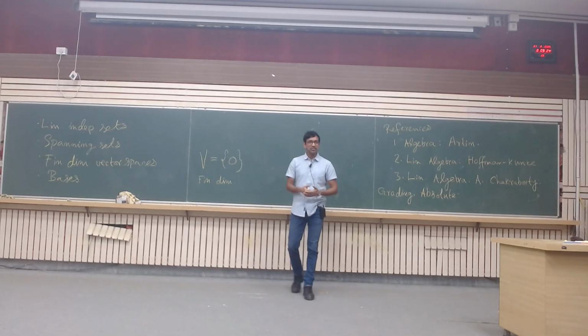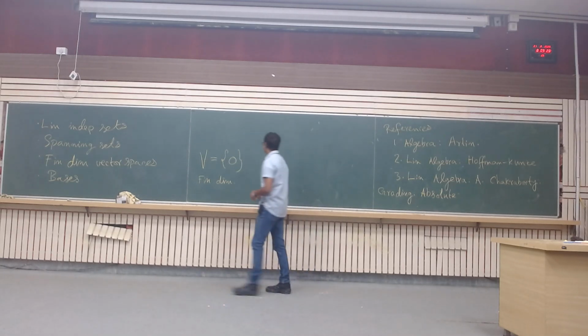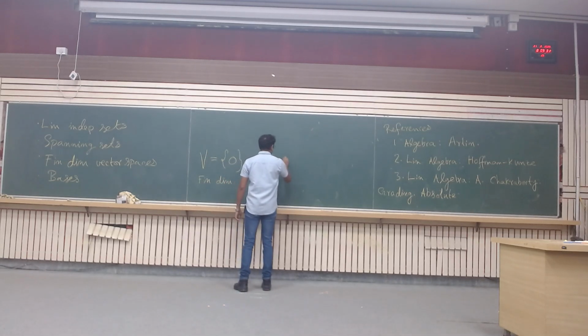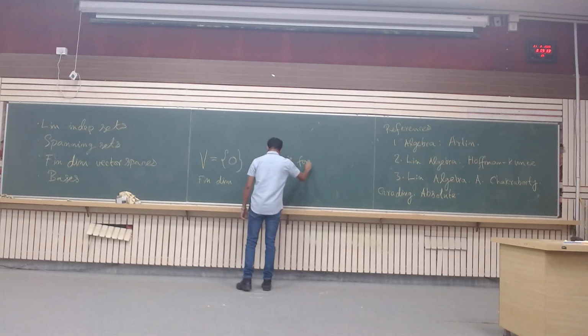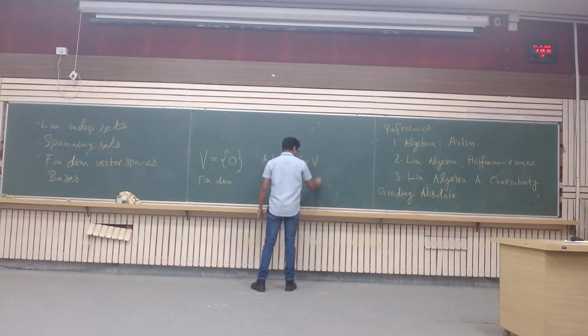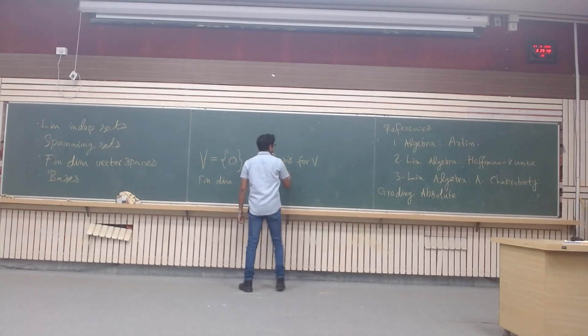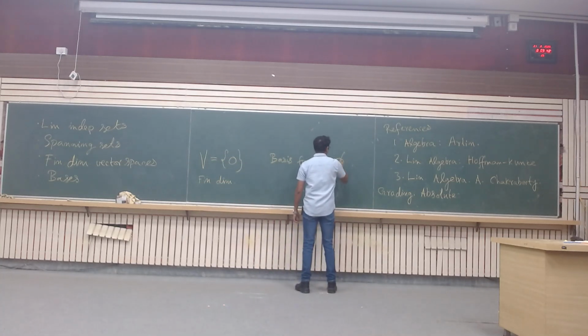Empty set. So you know this, right? Okay. So basis for this V, it's a convention actually, and you will soon understand why we are taking this convention. It is an empty set.